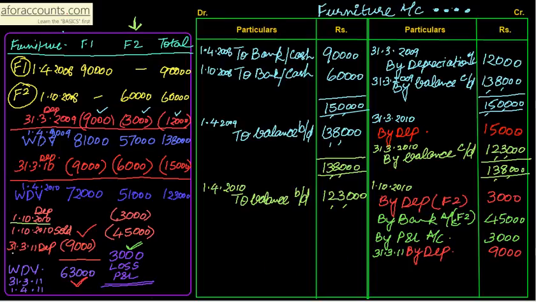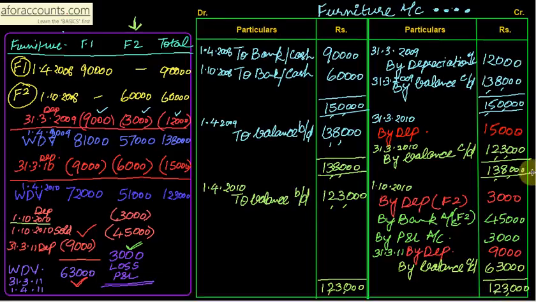So by balance carried down 63,000. So make a total 1,23,000 on both the sides.